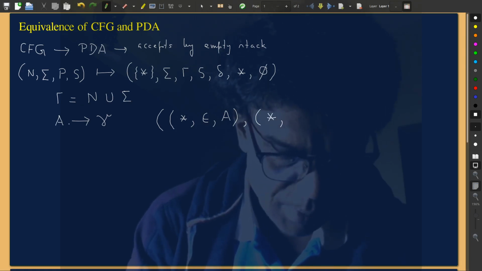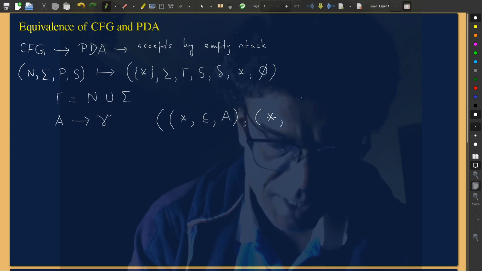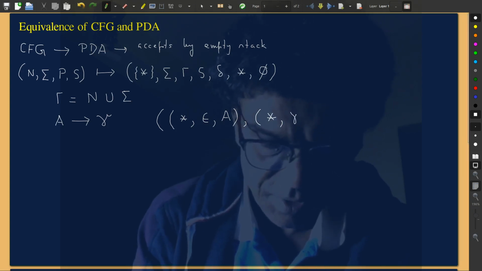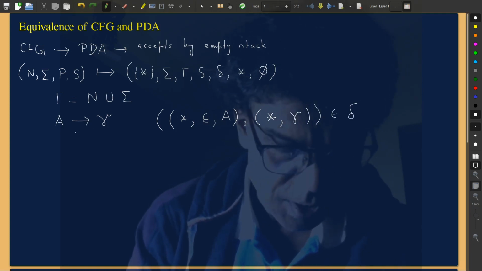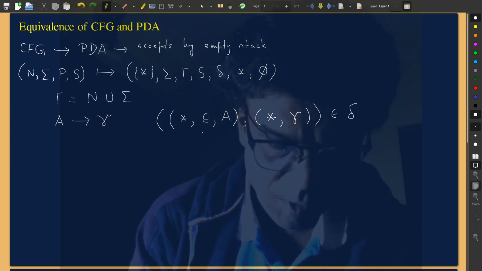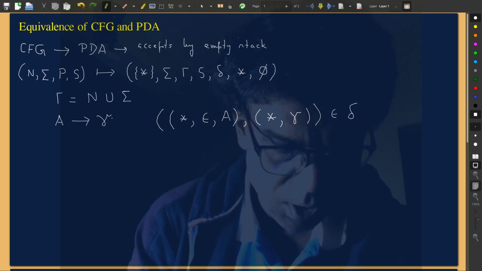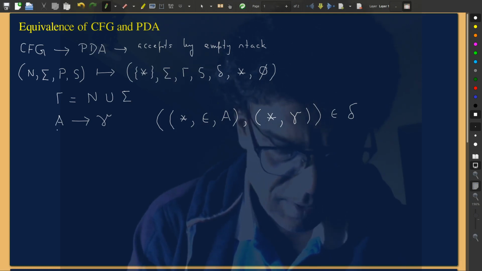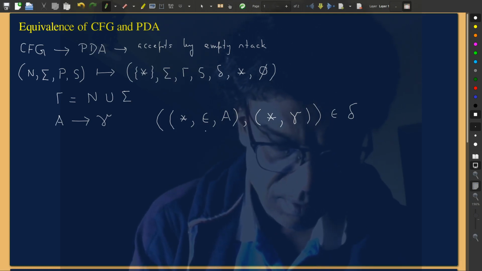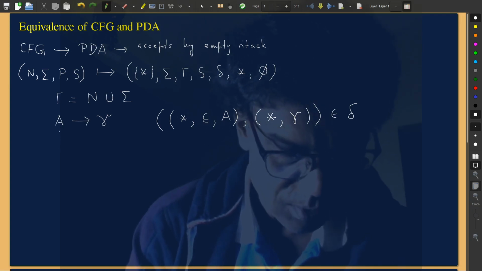Instead, it will replace this A by the right side of the production in its stack. So for each rule or production of the input grammar of this form, I will use this: replace A, the left side of the rule, by the right side in the stack. And this step does not consume anything from the input.